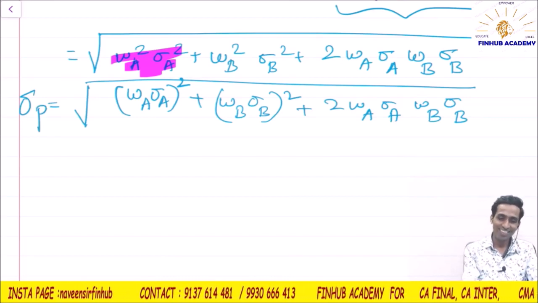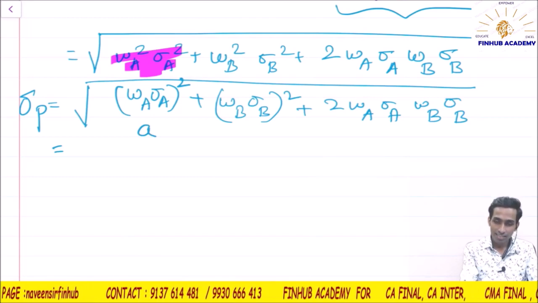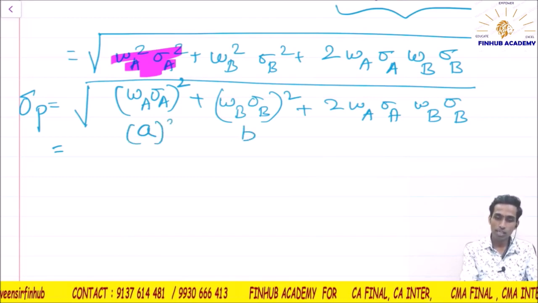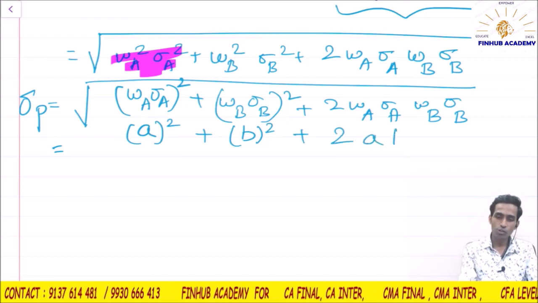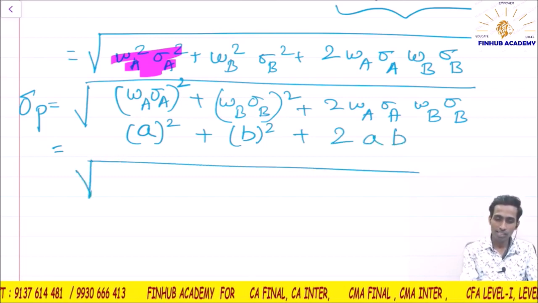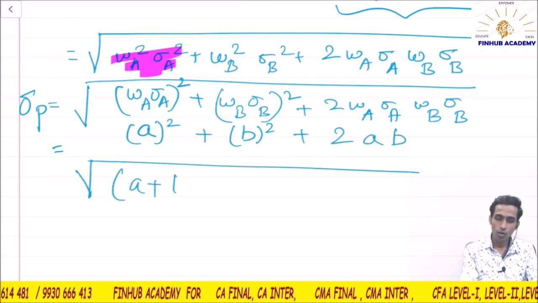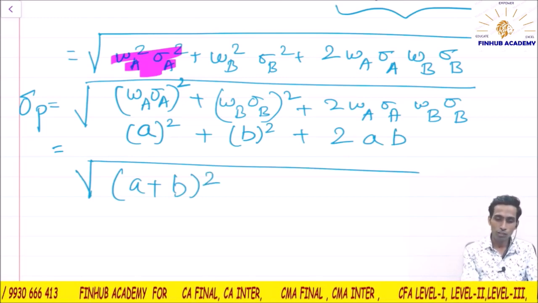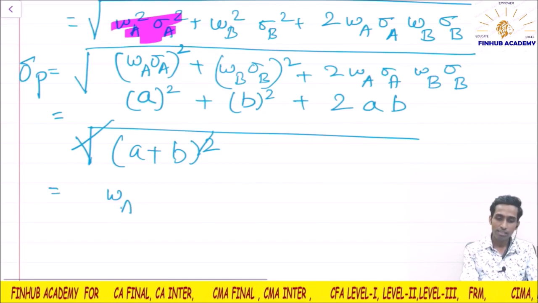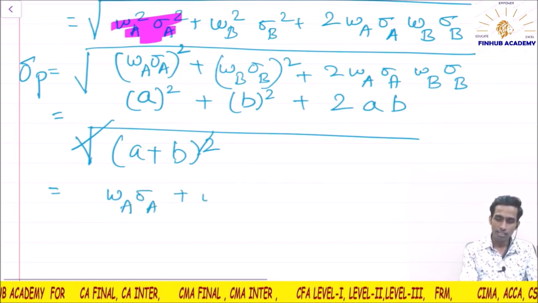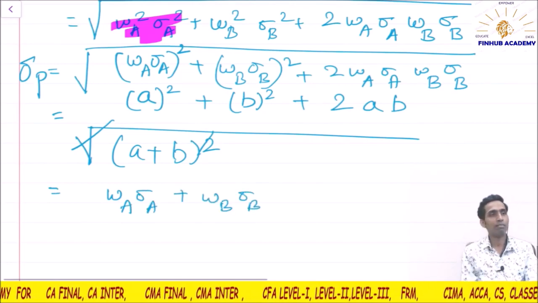Now listen, this is A, this is B, so this becomes A square, this becomes B square, plus 2 into A, 2 into B. Wow, you people know this. A plus B, the whole square. So the whole square and the square root get cancelled, therefore A plus B. Understood?